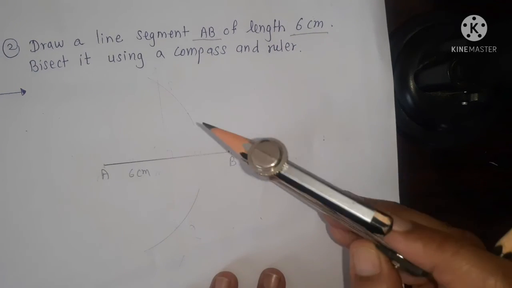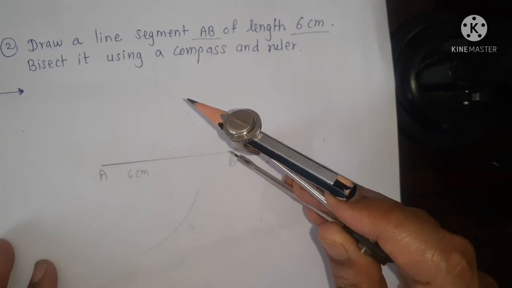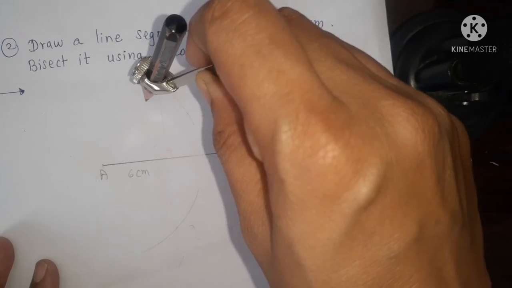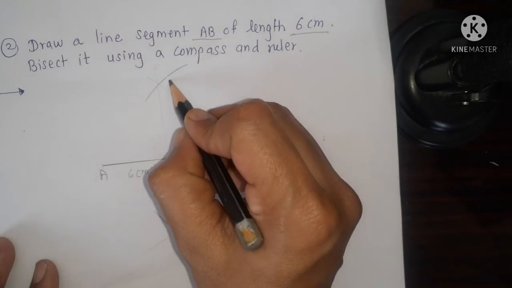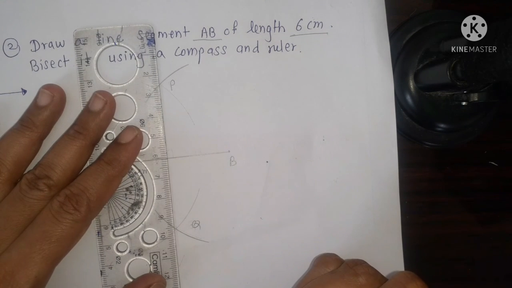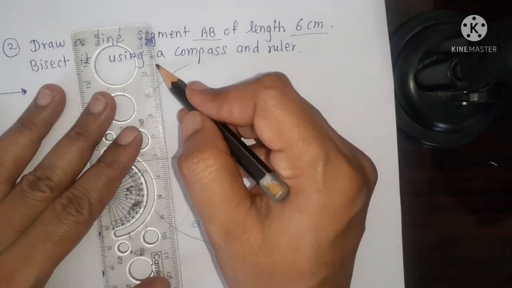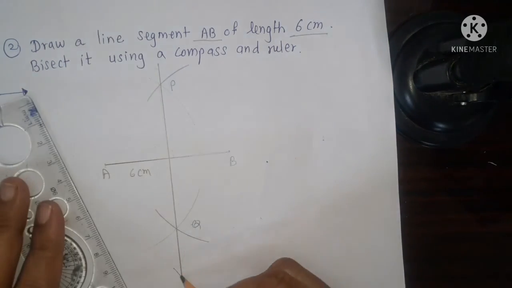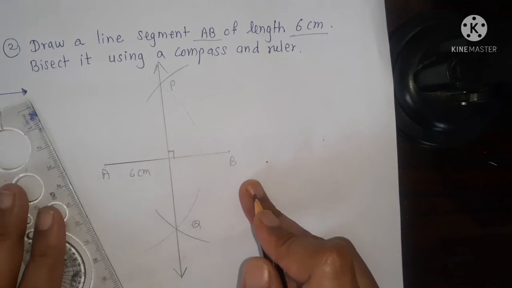Place the metal point of the compass on point B. Draw an arc which can intersect the previous arc. We get point P and point Q. Draw a line passing through these points P and Q. We get the perpendicular bisector of segment AB.